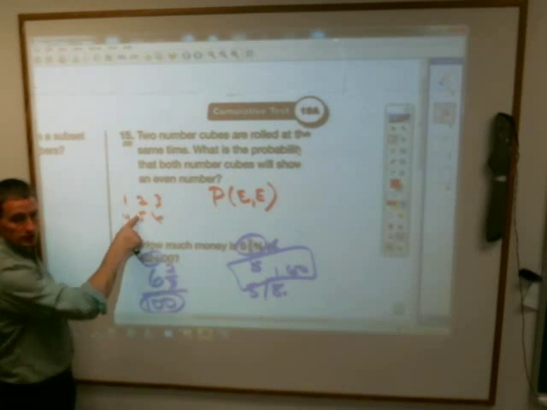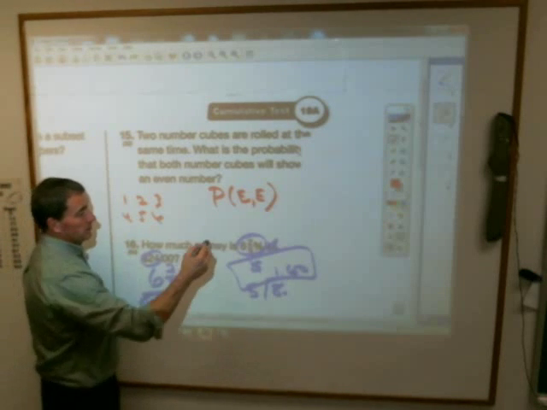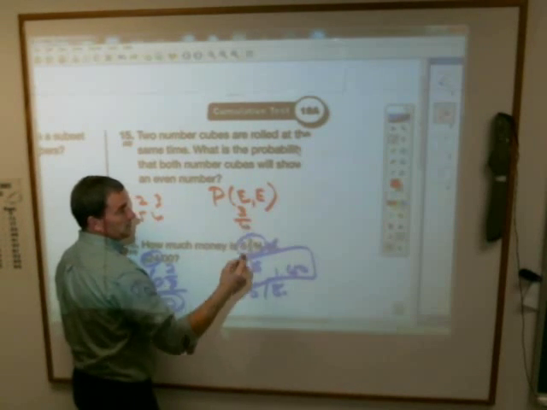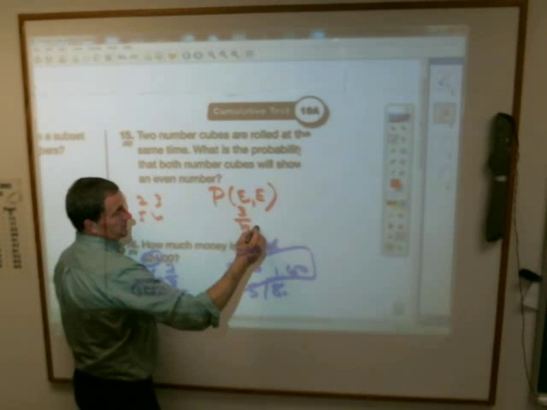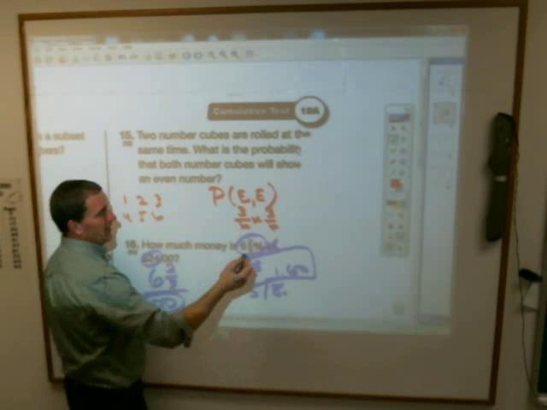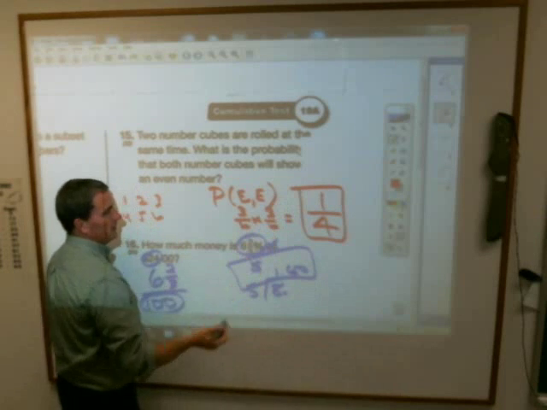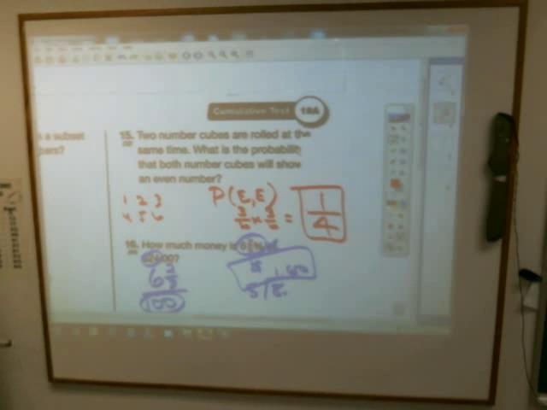How many even numbers are on a number cube? 3 out of the 6, right? So this is 3/6. It's going to be the same for the second one, which is 3/6, which is the same as 1/2 times 1/2, which is 1/4. They put them both to happen at the same time. 1 out of 4 times you should get 2 even numbers.